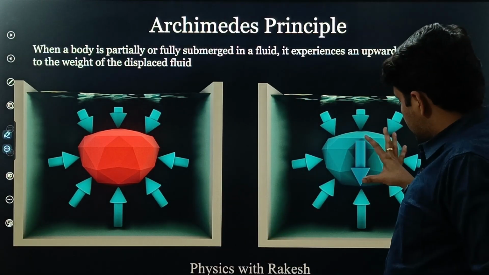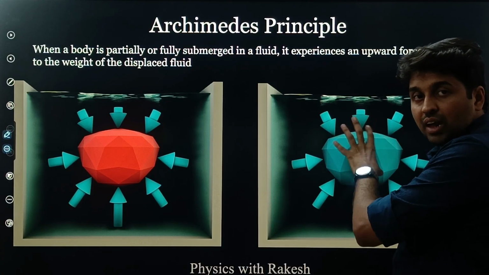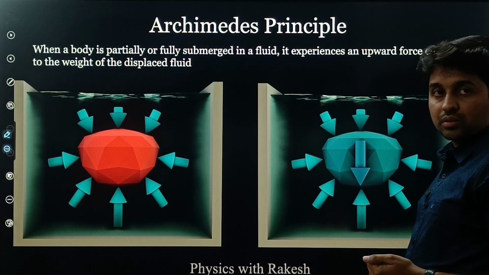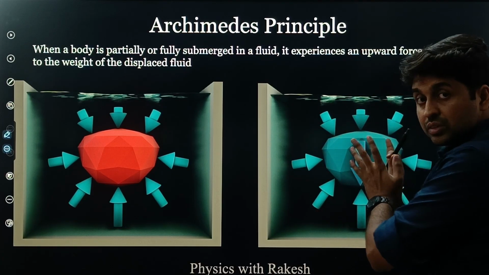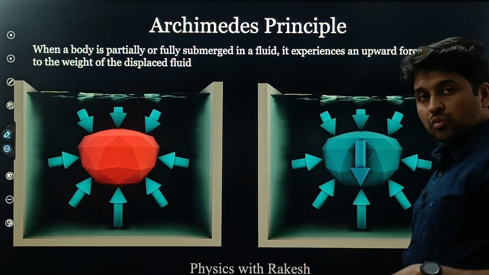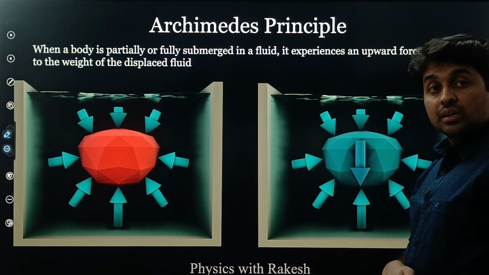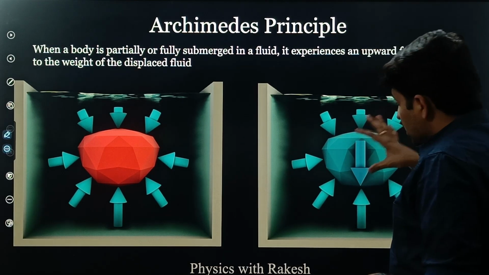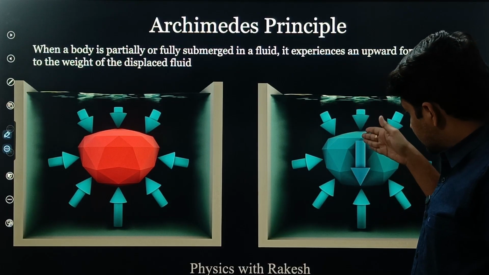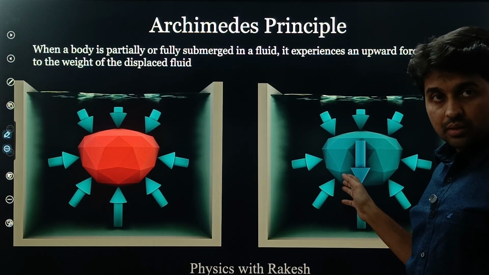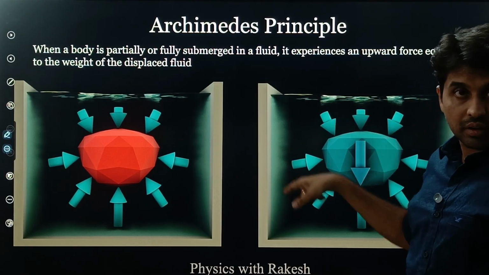Now this body of water which was there in the flask, is it in equilibrium or not? It is in equilibrium. That volume of water which was there is at rest. If it is in equilibrium, then the net force on it must be 0. What are the two forces acting on this part of the liquid? One force is its gravitational force, and the other is this pressure force which is acting everywhere.